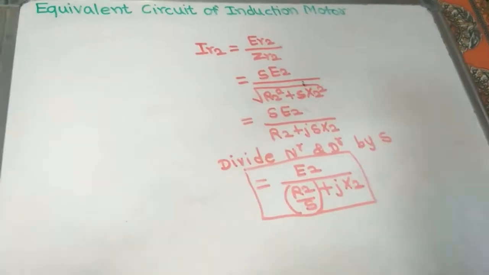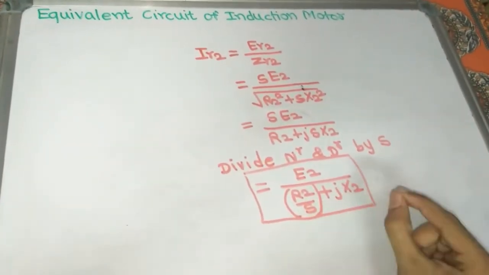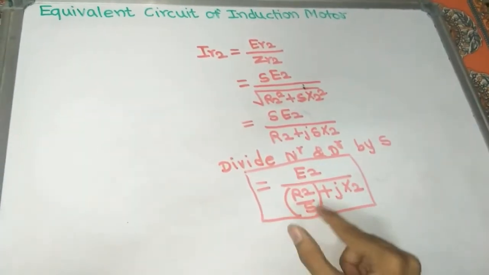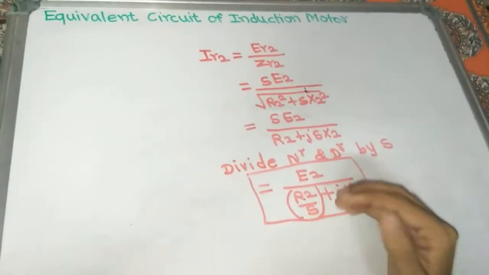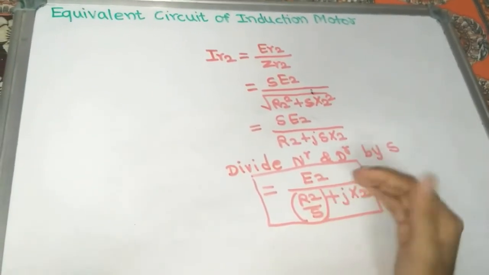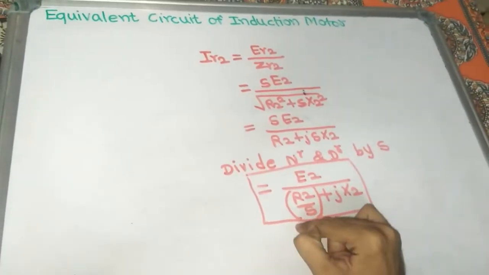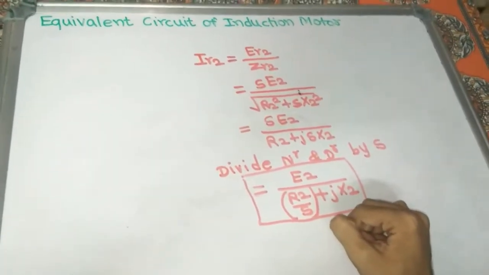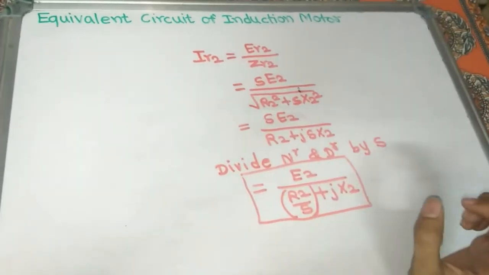So see here, if X2 is now not dependent on slip, we remove the slip, and slip is applied only here by proper arrangement. Means rotor resistance per phase depends only on slip, and all other things are not dependent on the value of slip. So by this equation we can say that the frequency of the rotor also does not depend on slip.